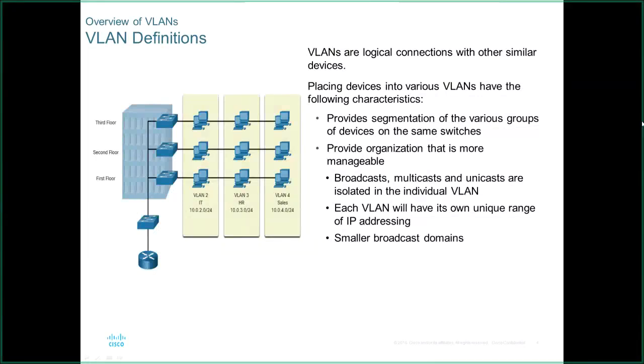Now, each network, as you should remember, needs its own IP addressing range, and this is the same with VLANs. Because they're separate virtual networks, they have to have their own individual IP addresses, and by segregating our network into smaller portions with VLANs, we reduce the size and impact of broadcast domains.